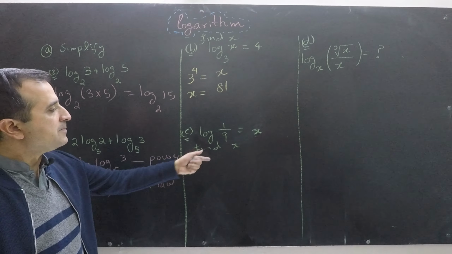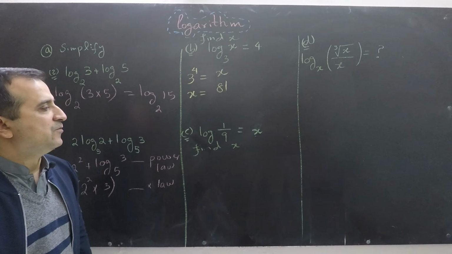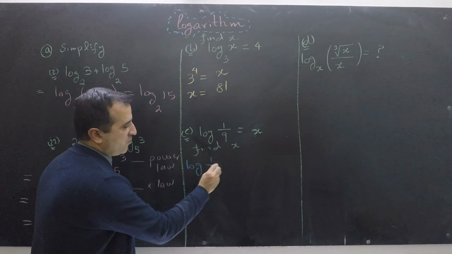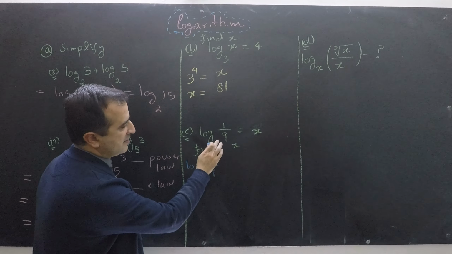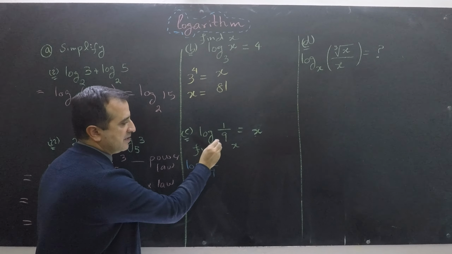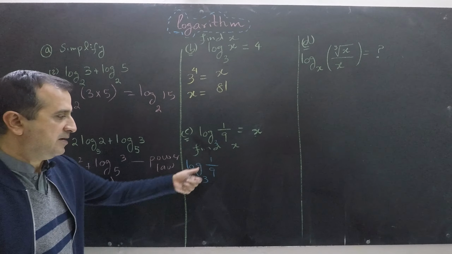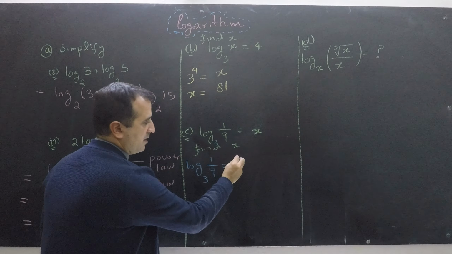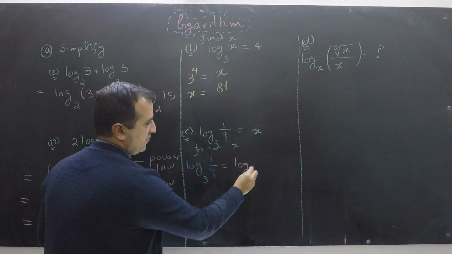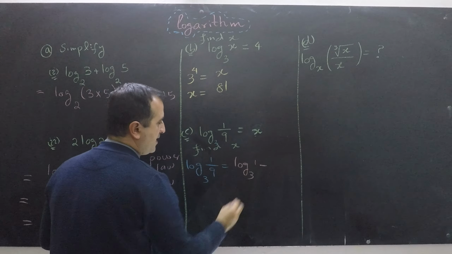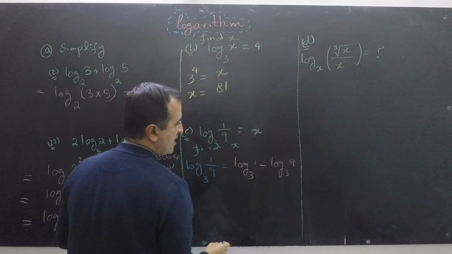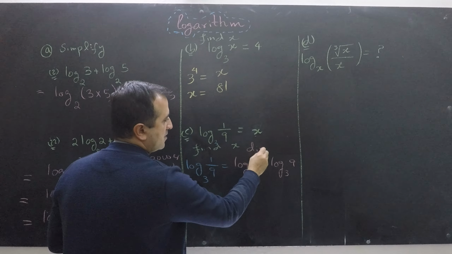On part C, we can use division rule. According to division rule, because these 2 numbers are dividing from each other, I can write log 1 over 9, but I should have written some base here. So let's write base 3. So log 1 over 9 base 3 will be equals to log 1 base 3 minus log 9 base 3, and we have applied here division law.